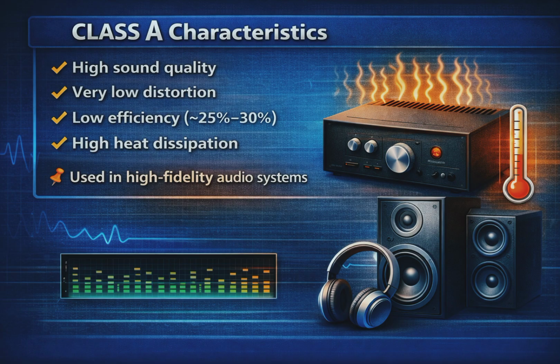Their efficiency is very low, usually around 25 to 30%. This means a large amount of input power is wasted as heat. Because of this, Class A amplifiers require large heat sinks and consume more power. Even though they are inefficient, they are still used in high-fidelity audio systems where sound quality is the top priority.